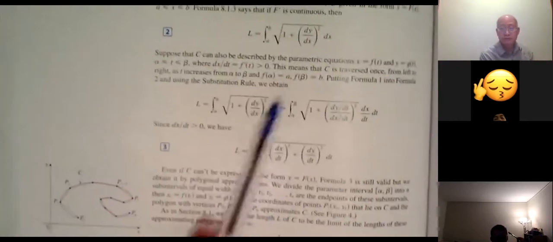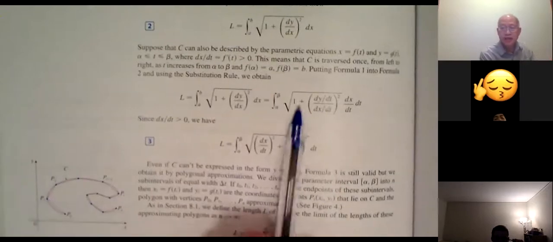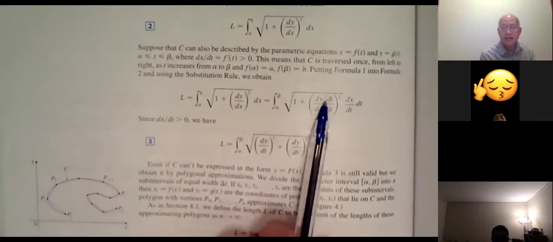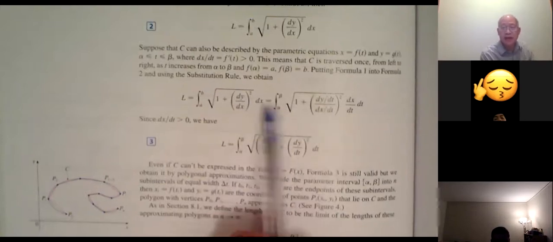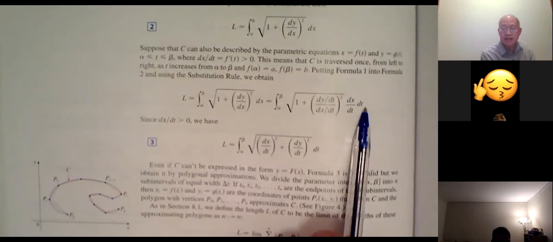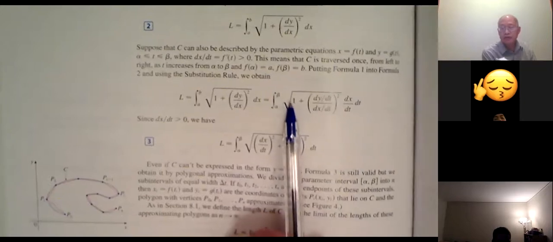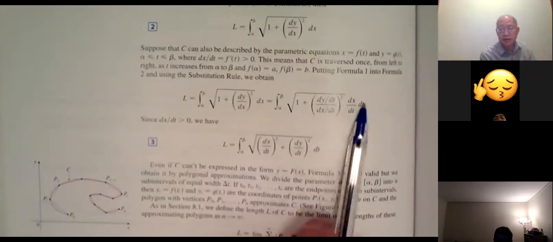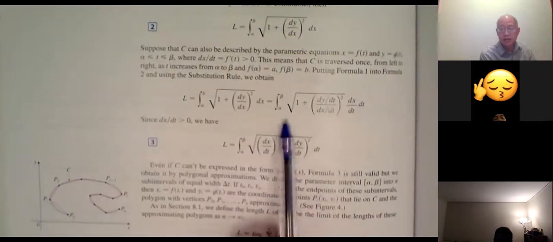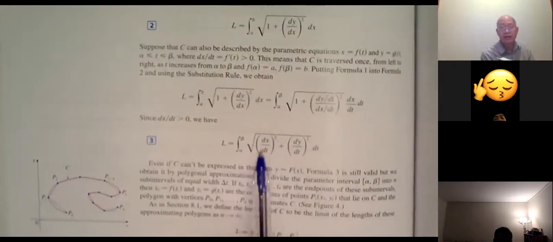Well, if you do a little bit of finagling with this, they snuck in here a dy/dt. It's almost like divide top and bottom by dt. And this dx, put a dt there and a dt there. Then they snuck that dx inside. You can convince yourself of that algebra. I won't go through it, but this is what it essentially comes out to be. You put an extra dt there, that dx goes inside as a dx squared, and if you divide by dt the right way, it now looks like this.